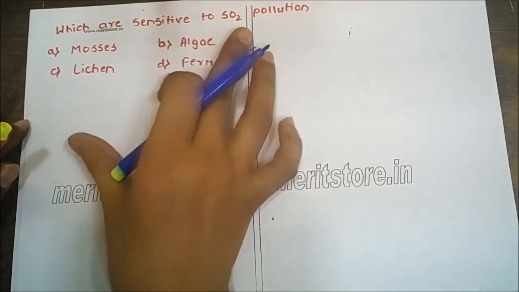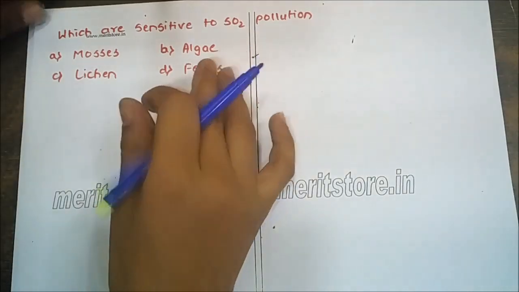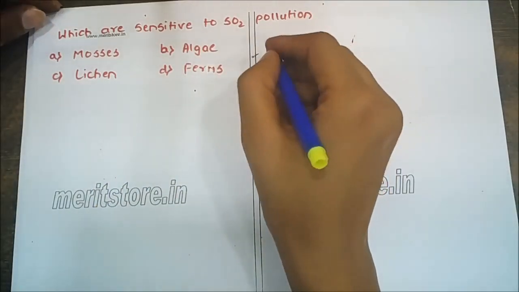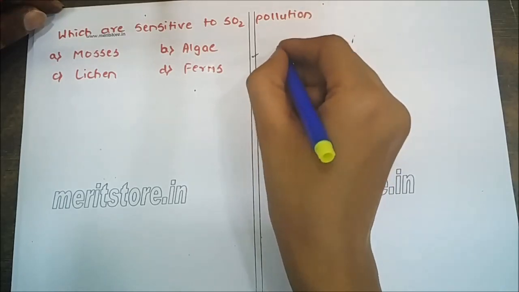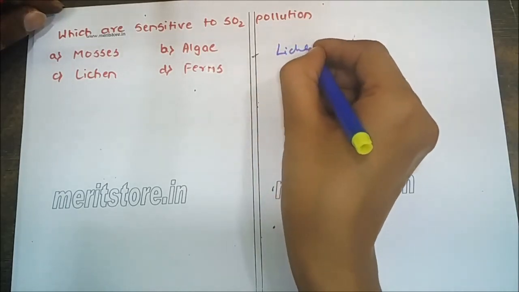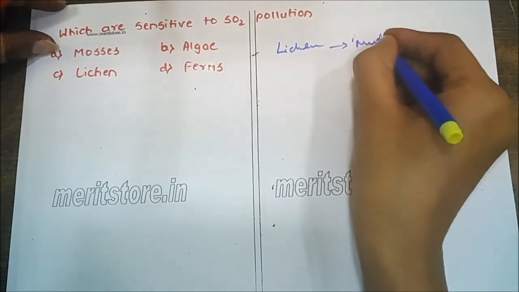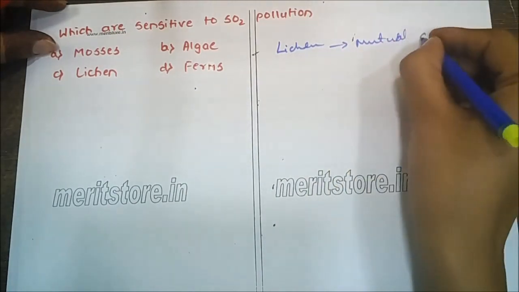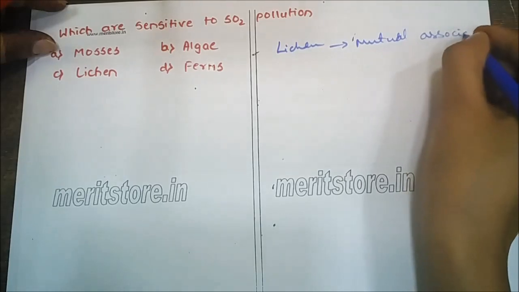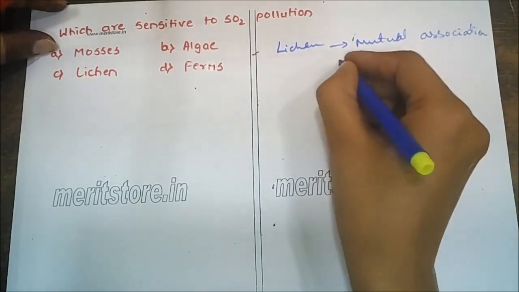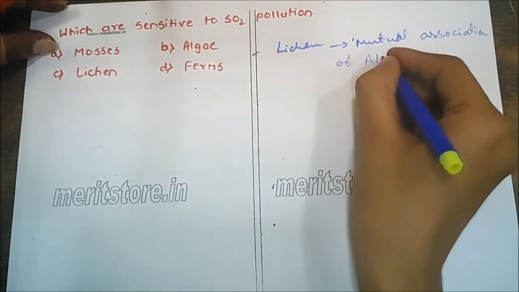Which are sensitive to sulfur dioxide pollution? As we studied, lichens are the mutual association of algae and fungus.